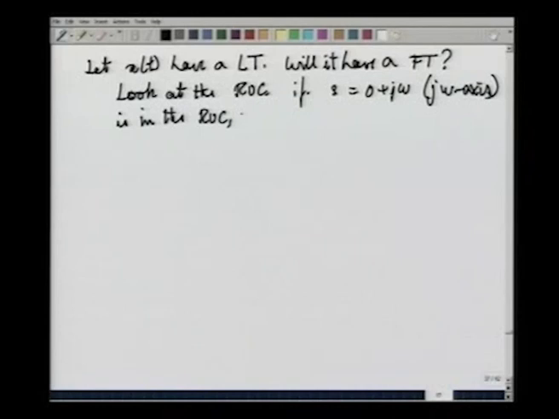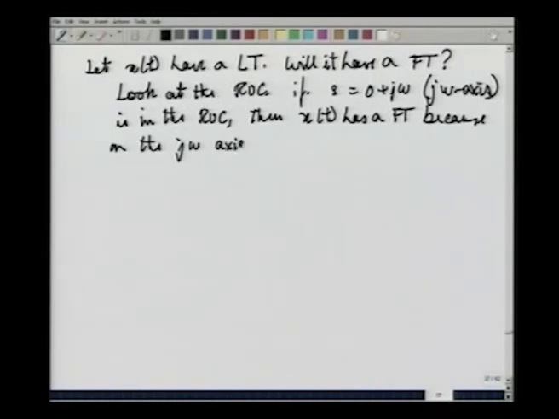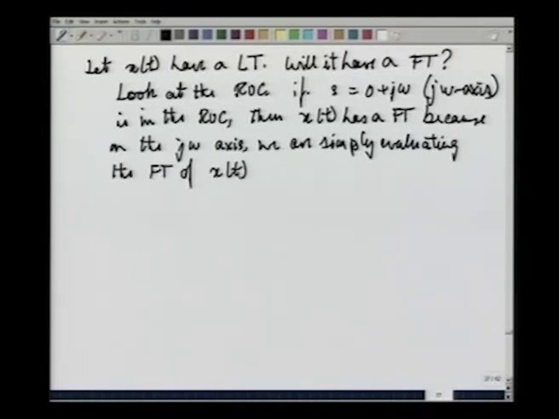then x(t) has a Fourier transform, because on the j omega axis we are simply evaluating the transform of x(t) e to the minus 0t, that is sigma equal to 0, which is simply equal to x(t).